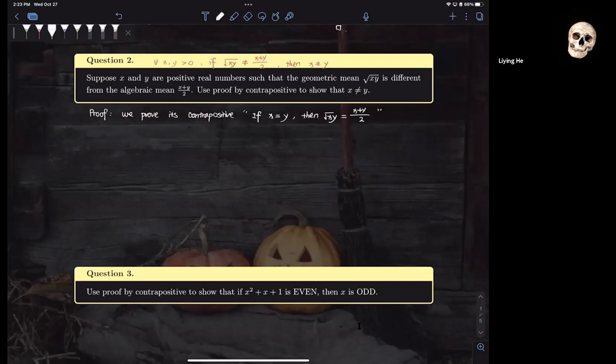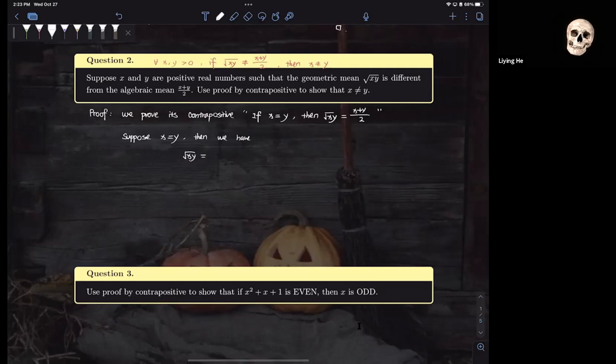Now, suppose x equals y. Then we have the square root of xy equals the square root of x squared, because x equals y. What does this equal? This is the absolute value of x, which equals x. Why?